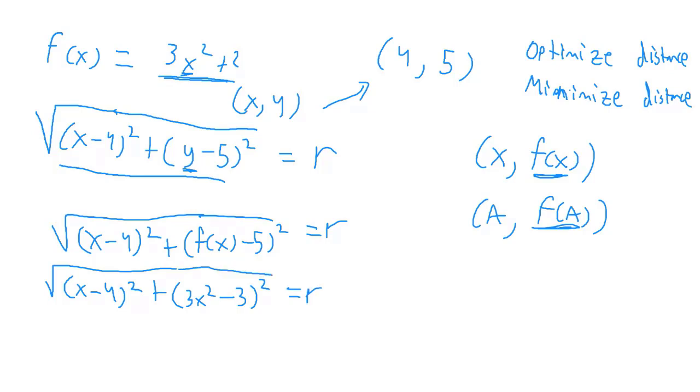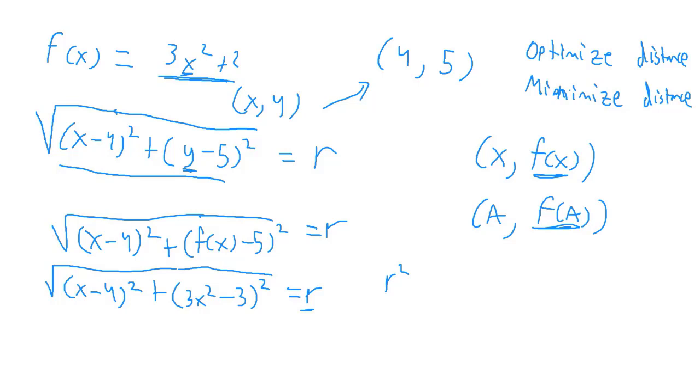Now what Les is saying, and what people were saying earlier in the lecture when I did a similar problem, is that instead of optimizing the function r, we can optimize r squared. If r gets smaller, r squared also gets smaller.